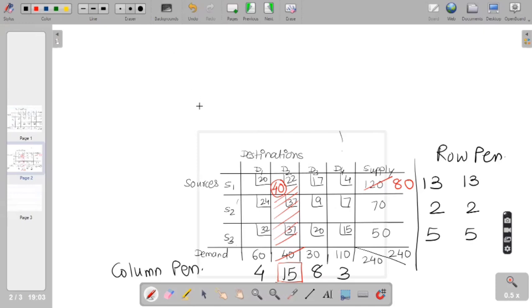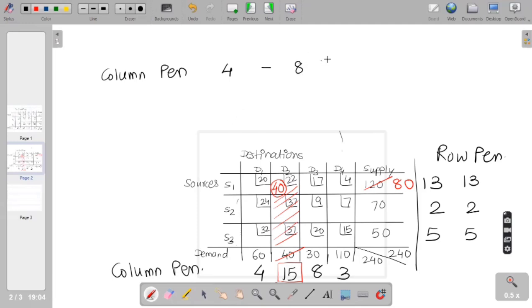Now I'm writing the second set of column penalties here, as there is a space issue. Now first column penalties now again are 4. Now second column, we won't calculate the penalties as there is no more units required at D2. Third column, the penalties remain same.